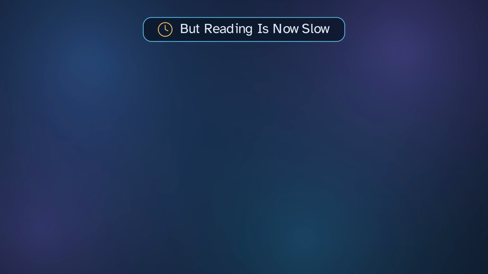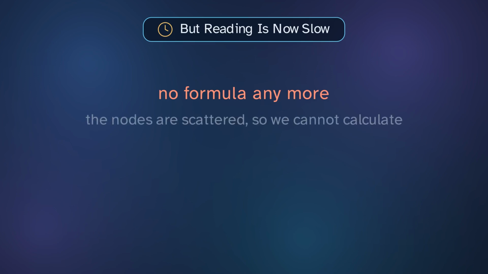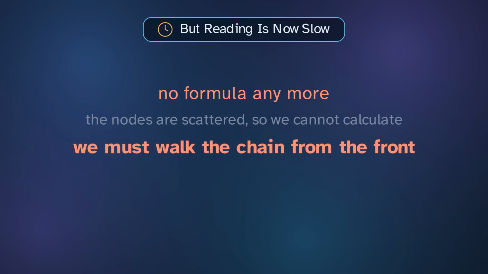But now ask for the item at position 5. There is no formula anymore. The nodes are scattered, so we cannot calculate where the fifth one is. We have to start at the front and follow the chain, one node at a time. So reading by position is now slow.